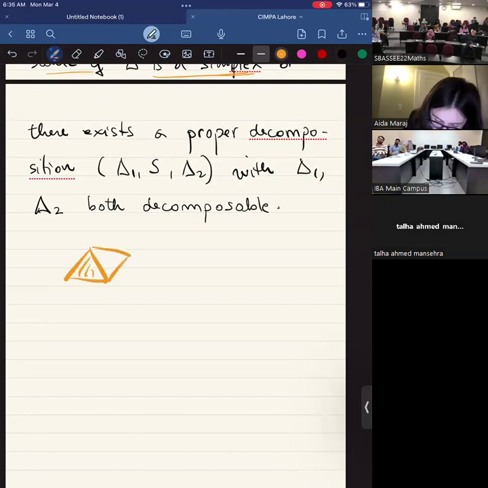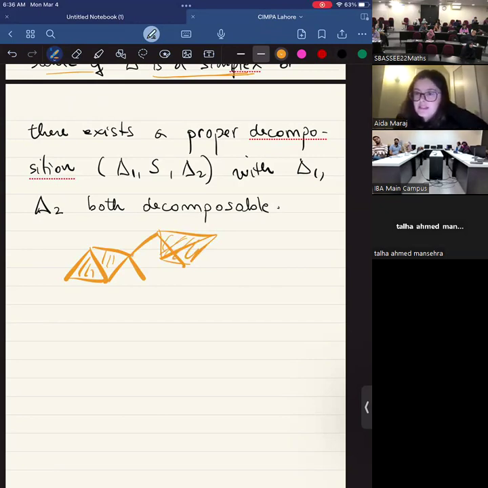So let's say this one, and this is decomposable and stuff like that. So one can also think about decomposable ones as created by starting with a simplex and just gluing along points, edges, and triangles, and so on, other simplices.